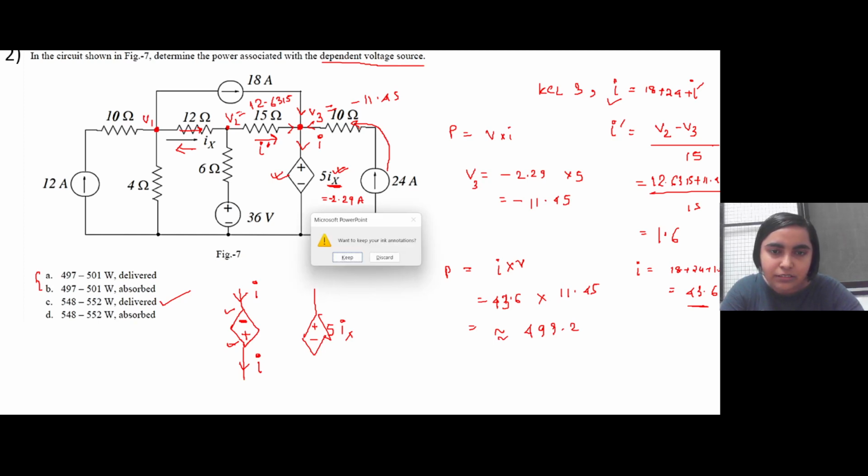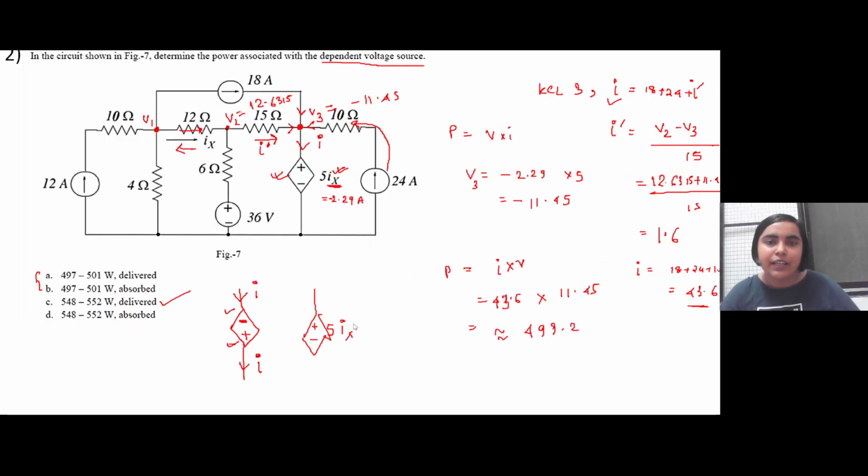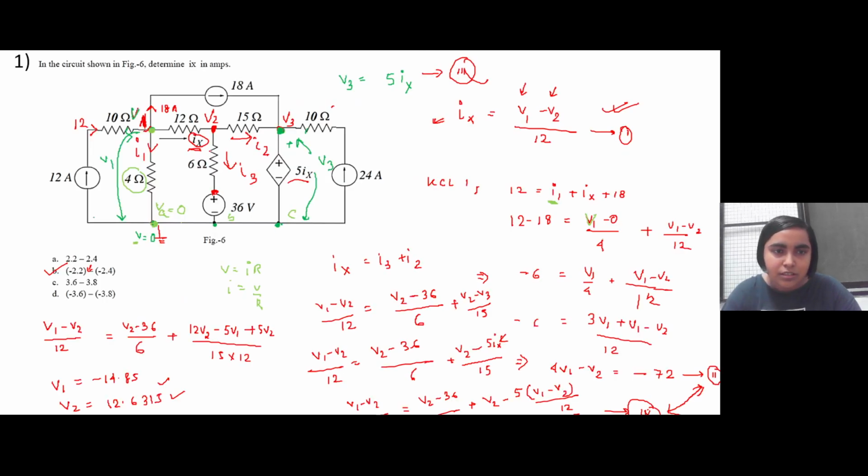Ma'am, but in the question we gave plus in the upper direction and minus in the down direction. Yes, in the question it is given as plus sign here and minus sign here, right? But your value of ix comes out to be minus something. We have considered ix to be in this direction, but the value of ix is negative, minus 2.29.